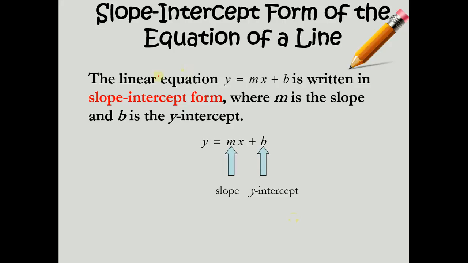That is why it's called slope-intercept form, because it has both a slope and the y-intercept. Now, I'm not really sure why M is slope, and I'm not sure why B is the y-intercept. Never really found out why those two letters are consistently used. However, you will see that written consistently across the board, the M and the B for your slope and your y-intercept.